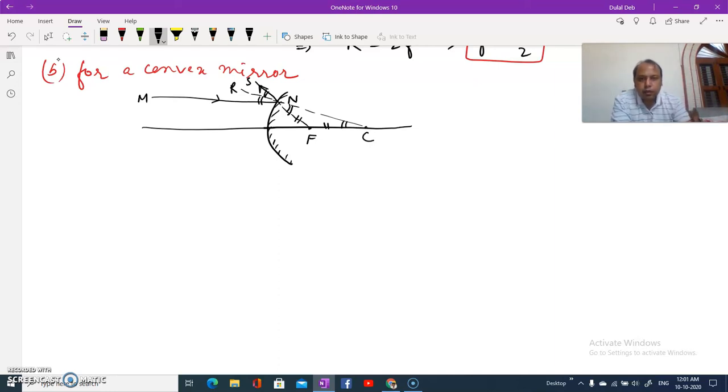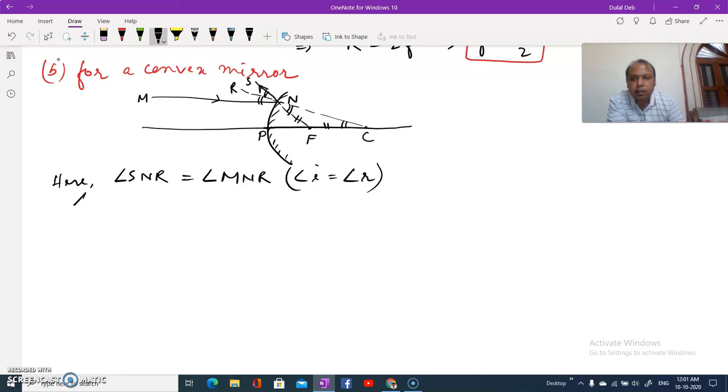This is the pole also, which we can mention here. So here we can write that angle SNR is equal to angle MNR, the reason being angle of incidence is equal to angle of reflection. Also, angle SNR is equal to angle FNC, vertically opposite angle.